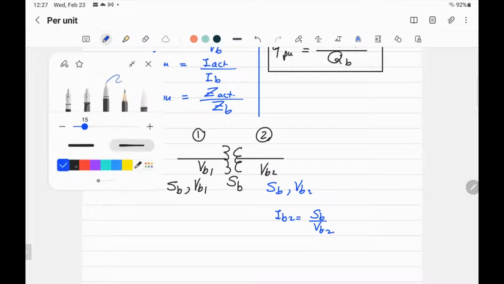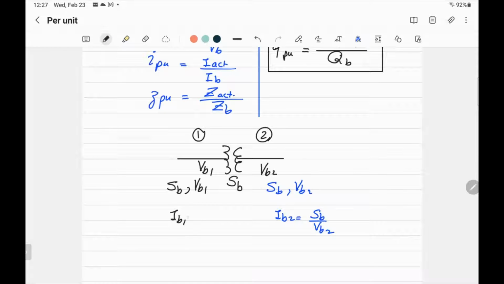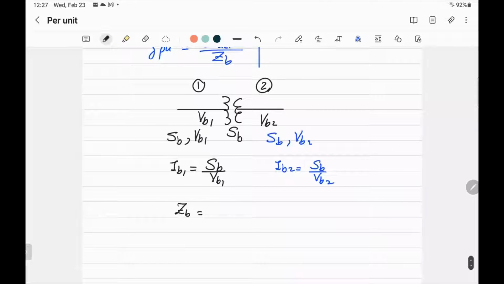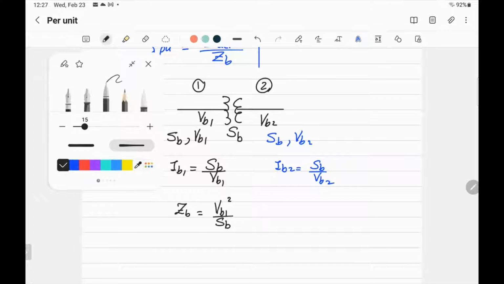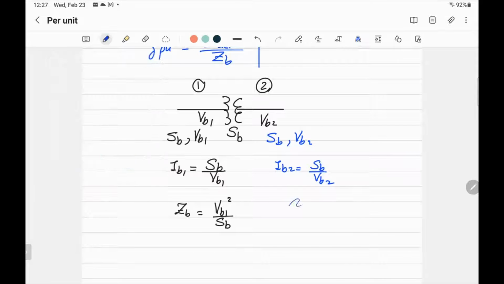However, on the other side, to find the base current for side one will be equal to S base divided by VB1. The same thing for Z. If you want to find the base impedance, it will be equal to voltage base 1 square divided by SB. And for this side, so that's 1, that's 2, it's equal to VB2 square divided by SB.